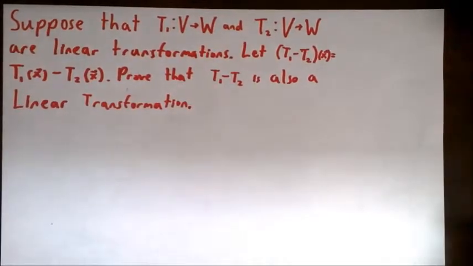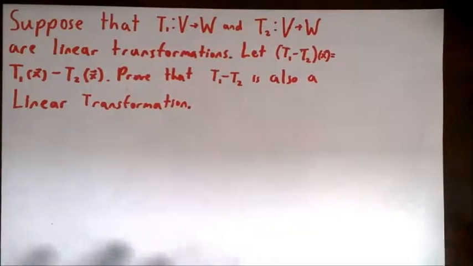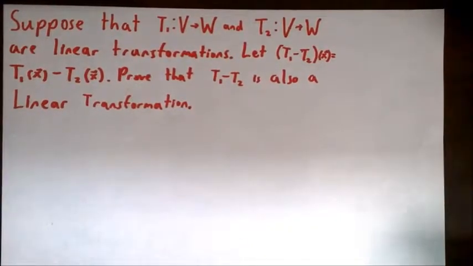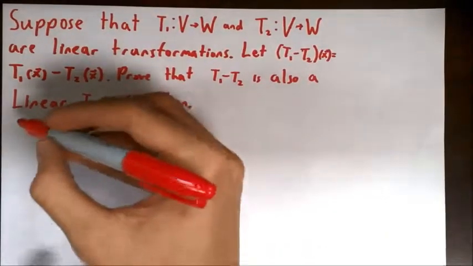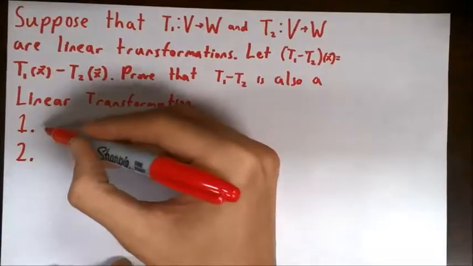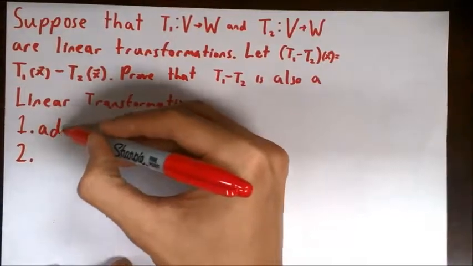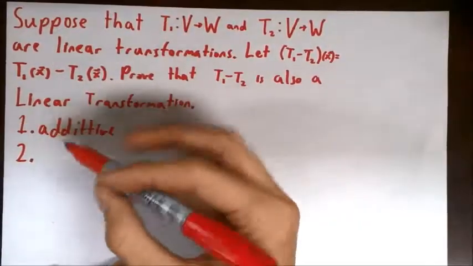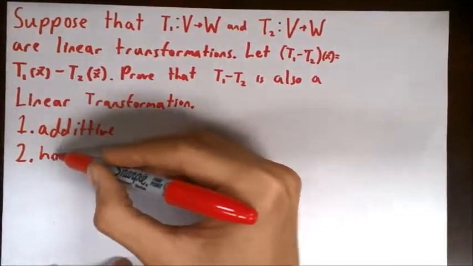So when you're solving for linearity of a transformation, there are two properties it has to satisfy. One is that it has to be additive, and the other is that it has to be homogeneous.